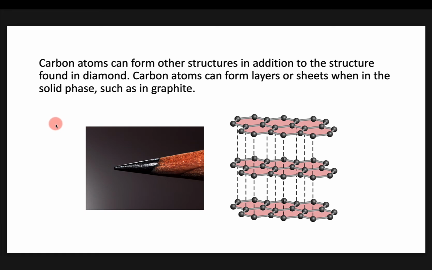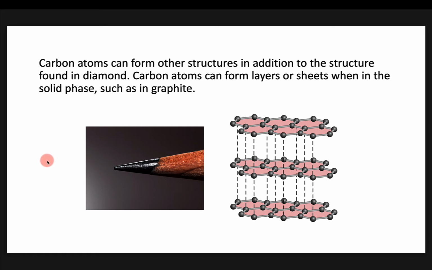So graphite is a more stable form of carbon than diamond. The carbon atoms in a diamond crystal actually want to look more like the carbon atoms in graphite. And so that does mean that a diamond left on its own for billions of years will slowly turn into graphite, just because graphite is the more stable form of carbon.